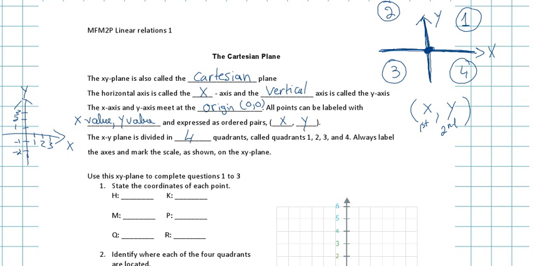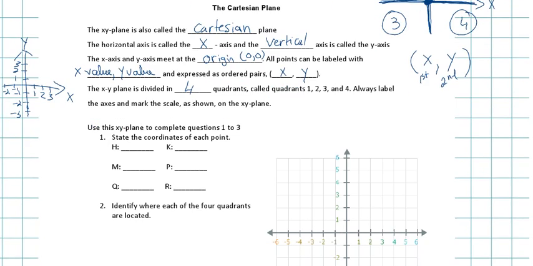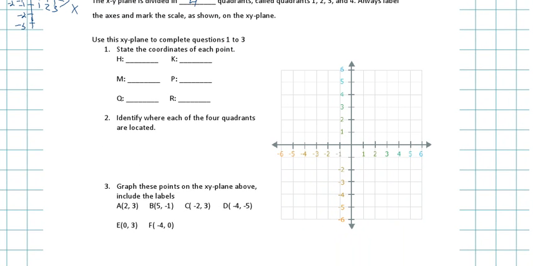If you don't have numbers, you don't get marks, because how would I know if you're going up by 10, or by 5, or by 2, or by 1? I need to have that scale on the axis. Are you guys okay with this so far? So X is horizontal, Y is vertical, and they intersect at the origin.